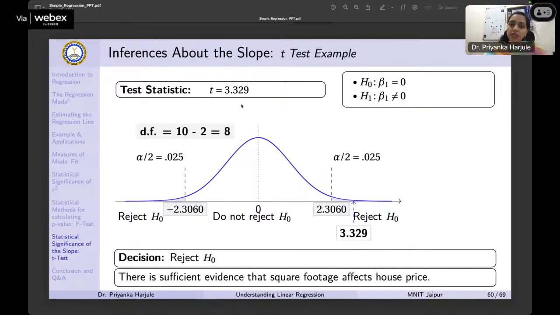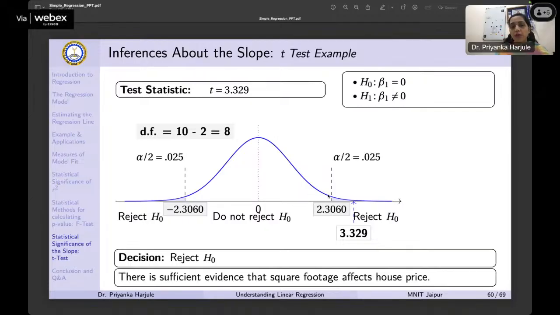For us, it is 3.32 obtained, and from the table, you get the t value at 0.025 because it is a two-tailed test. So you split your 0.05 in two, that is 0.025 and 0.025, and look at its value for 8 degrees of freedom. You will find it to be 2.30, which is less than what we have observed.